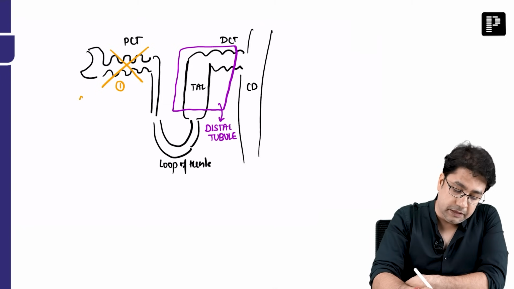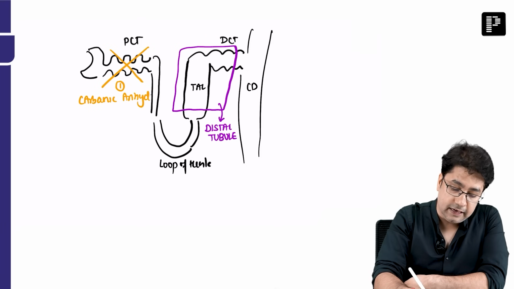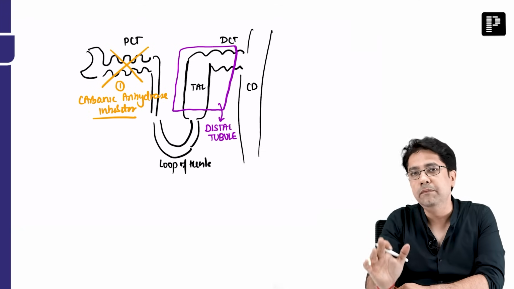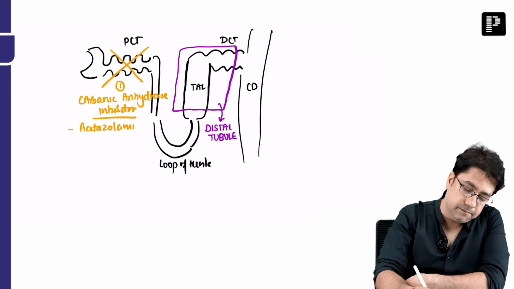Carbonic anhydrase inhibitors act at the level of PCT of the nephron, and they inhibit absorption of sodium. Sodium will be lost in urine, hence they have diuretic action. The classical example is acetazolamide.